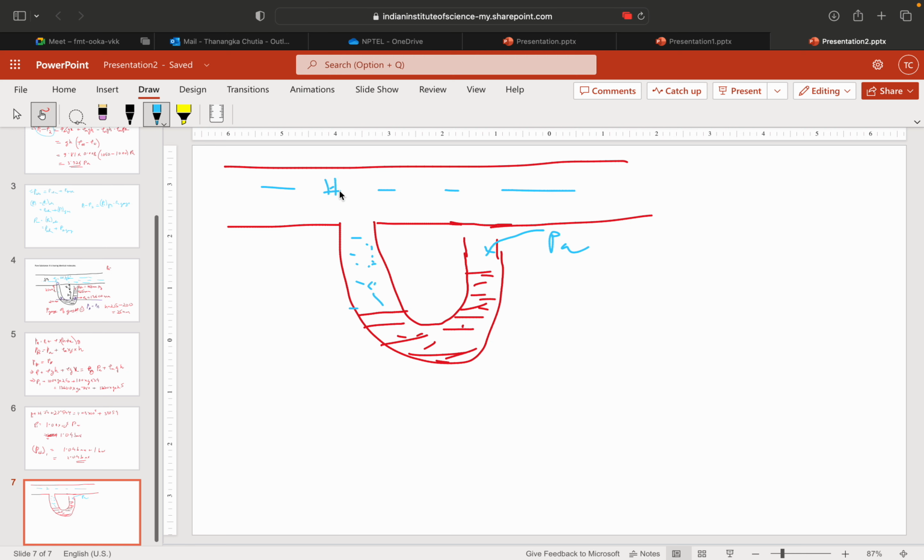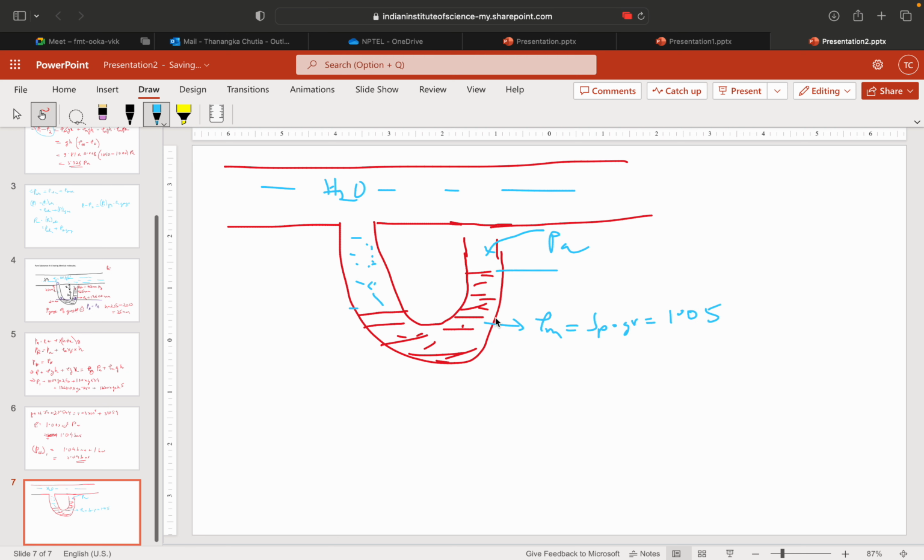This is water, which has a density of 1000, and this manometric fluid has a specific gravity of 1.05.